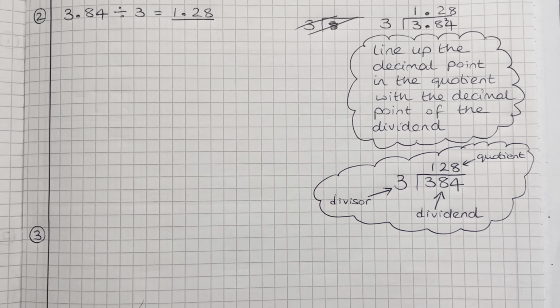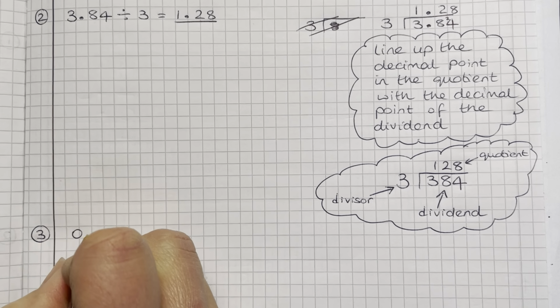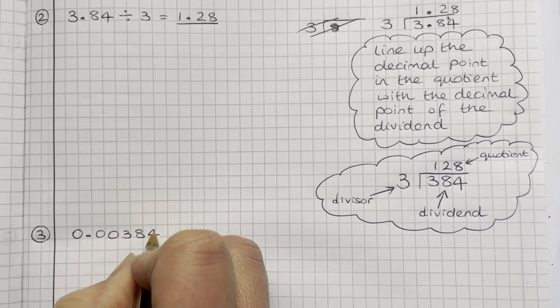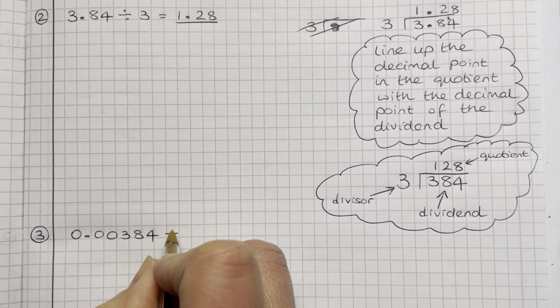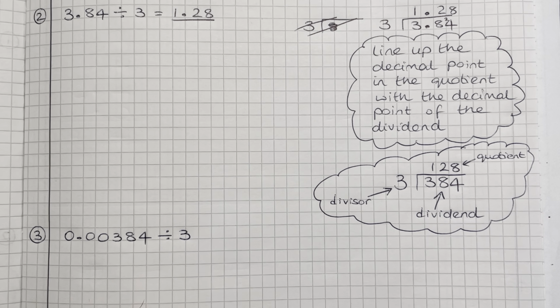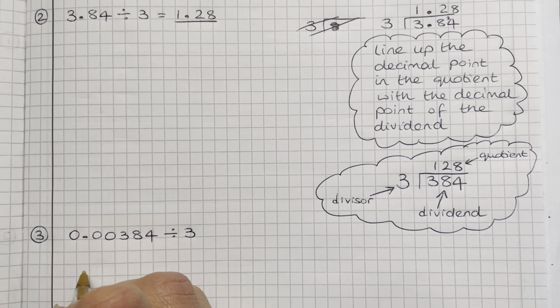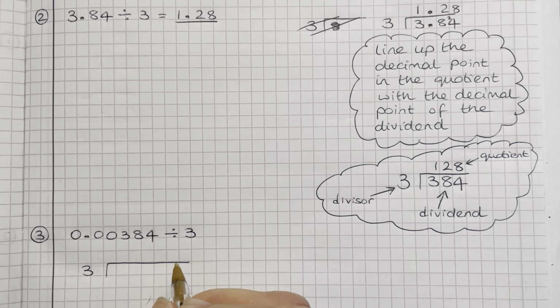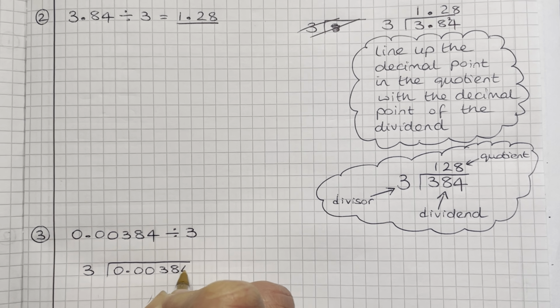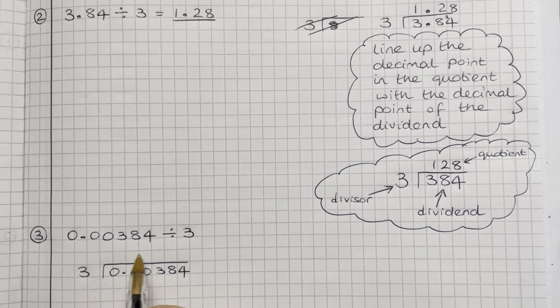So, question 3. Very similar, but let's just have a look. We've got a load of decimal points. We just need to be a little bit careful here. We're still going to proceed in exactly the same way, but the key thing is to make sure we match.